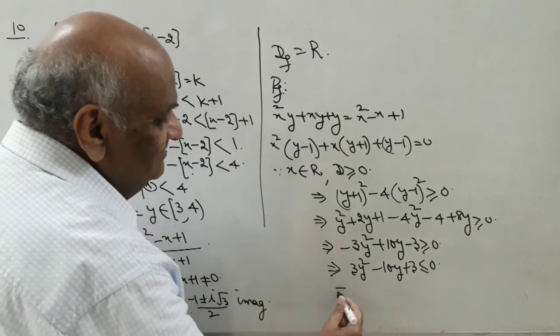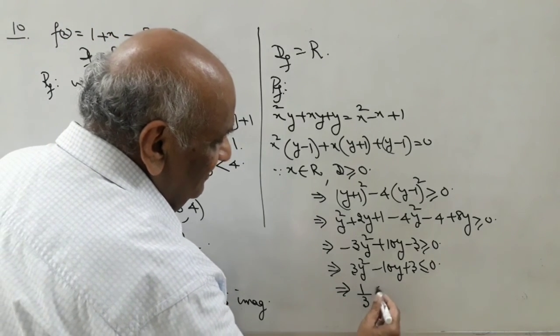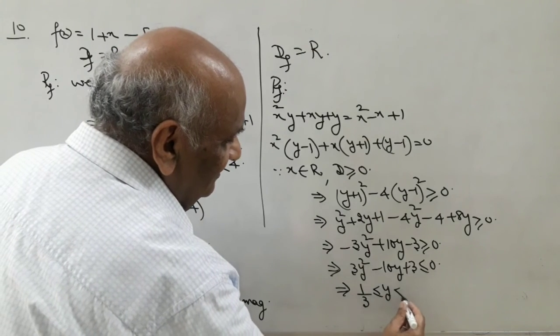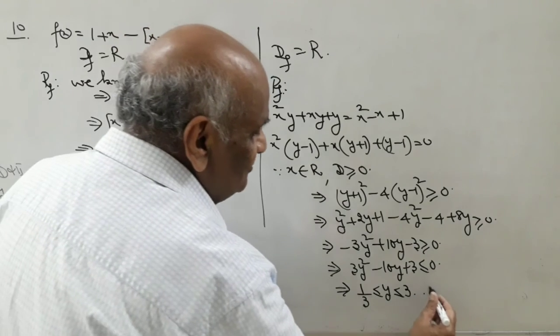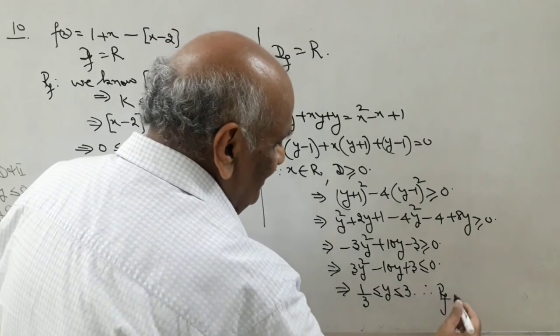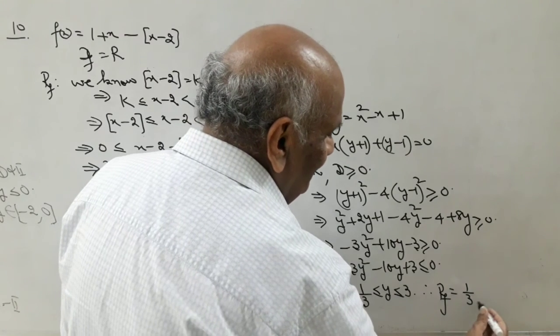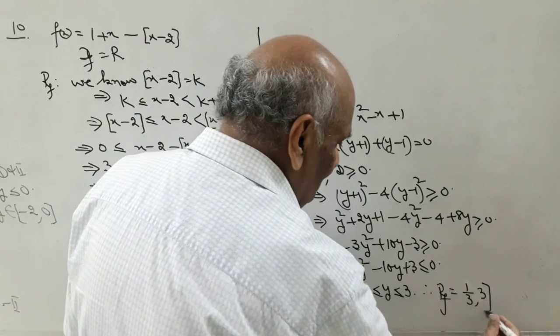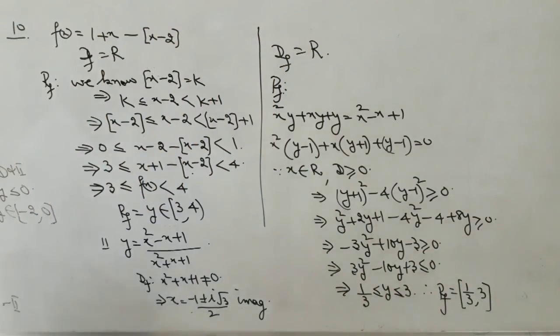Factorize it, and it becomes 1/3 ≤ y ≤ 3. Therefore, the range of the function here is the closed interval [1/3, 3]. Check this please for this case.